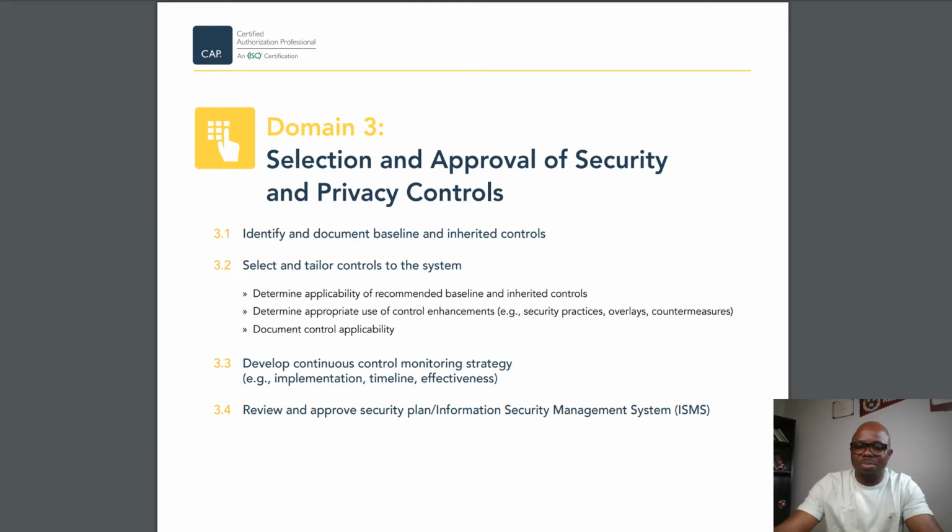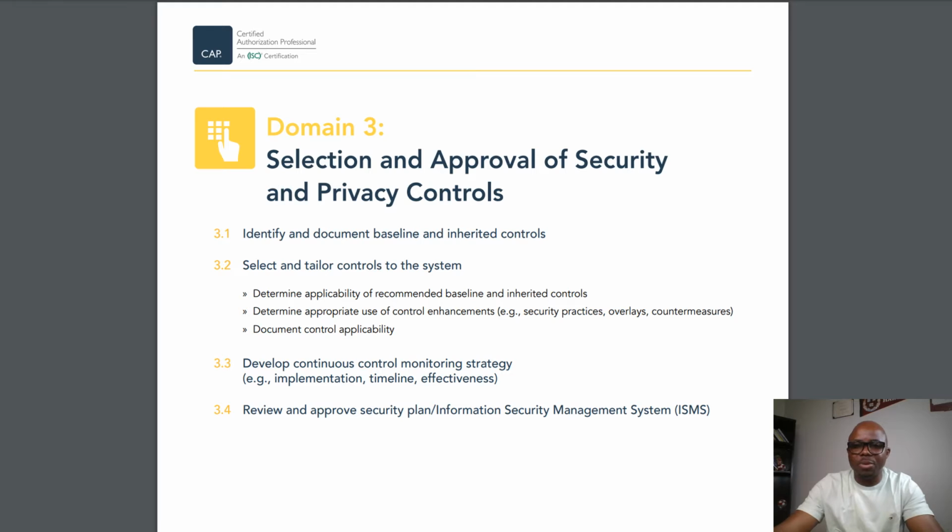Under this domain 3, you have to identify and document baseline and inherited controls, select and tailor controls to the system, develop a continuous monitoring strategy, and then review and approve the security plan and information security management system. If you look at NIST 800-37 revision 2, it's aligned with this.